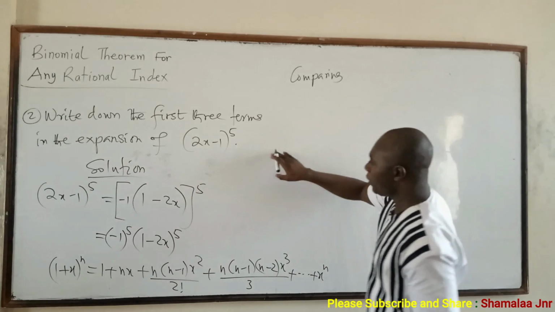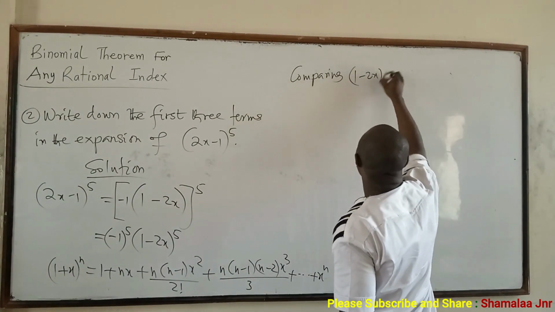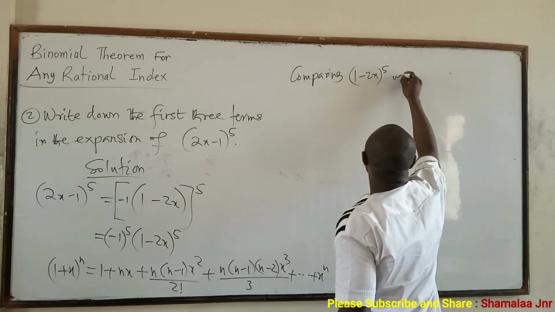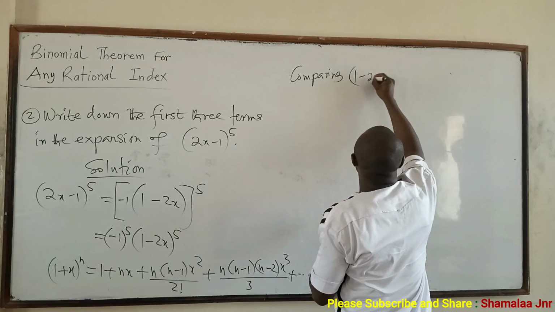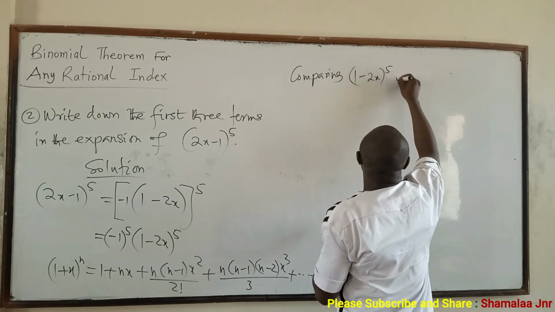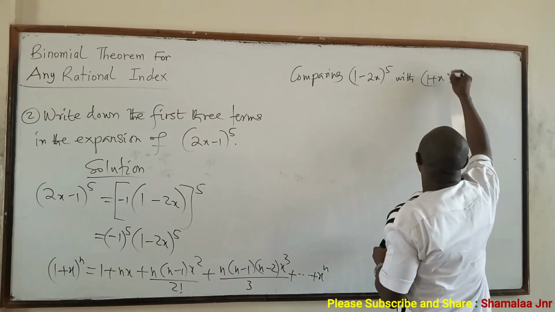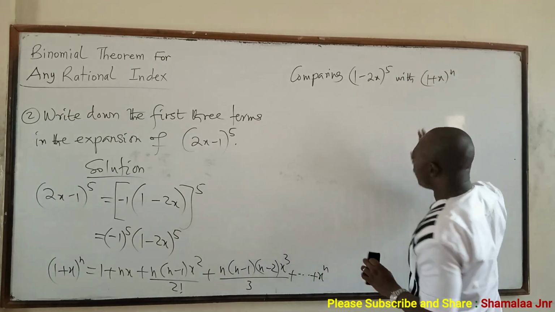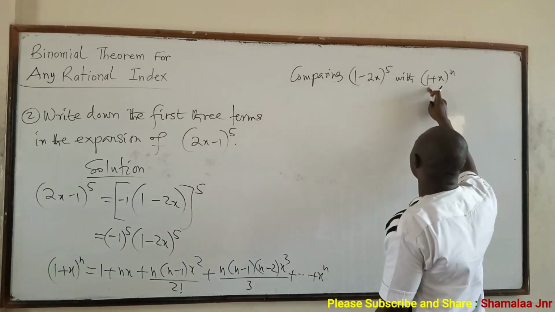Now comparing this one, (1 minus 2x) all raised to the power 5, with (1 plus x) all raised to the power n. If you compare, you can see that 1 is equal to 1.